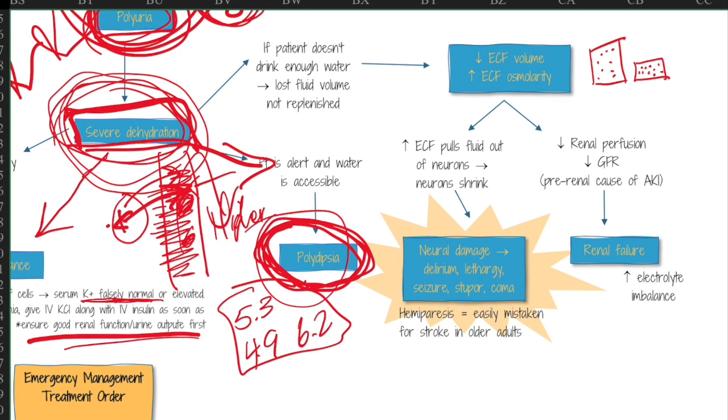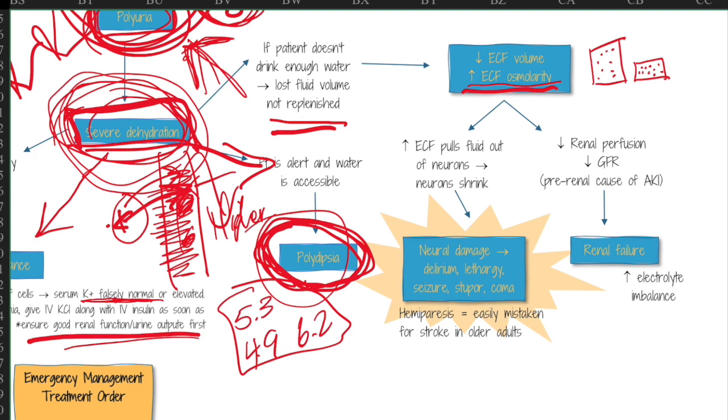And this is where that osmolarity, or that hyperosmolarity of HHS, is coming from. It's this whole thing that's happening as well in DKA, this polyuria, polydipsia, severe dehydration. But here the patient is not replenishing that.